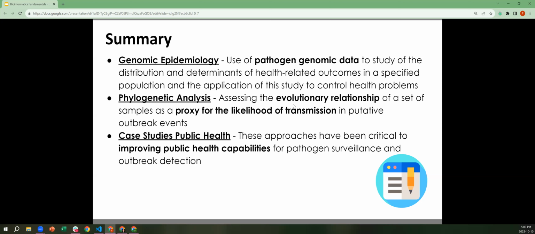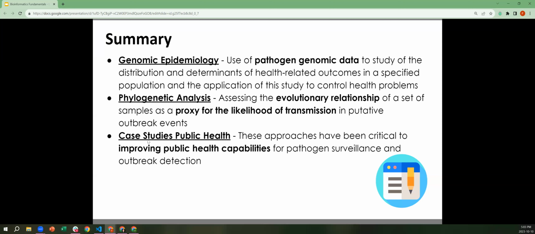We then use those evolutionary relationships as a proxy for the likelihood of transmission. And from there, we can construct a transmission network where we can start to pinpoint introduction events, individuals that are leading to a disproportionate spread of the pathogen through the community. And we can implement public health policy decisions, whether that be at the national scale or within a hospital ward.